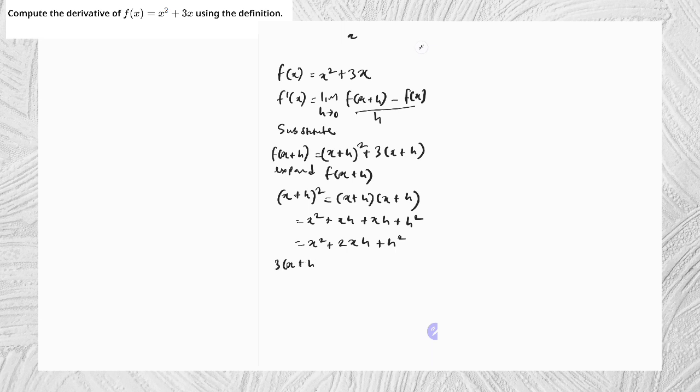Then 3 will open the bracket, which is (x + h), and you're going to have plus 3x plus 3h. So in total, f(x + h) will give you x squared plus 2xh plus h squared plus 3x plus 3h.